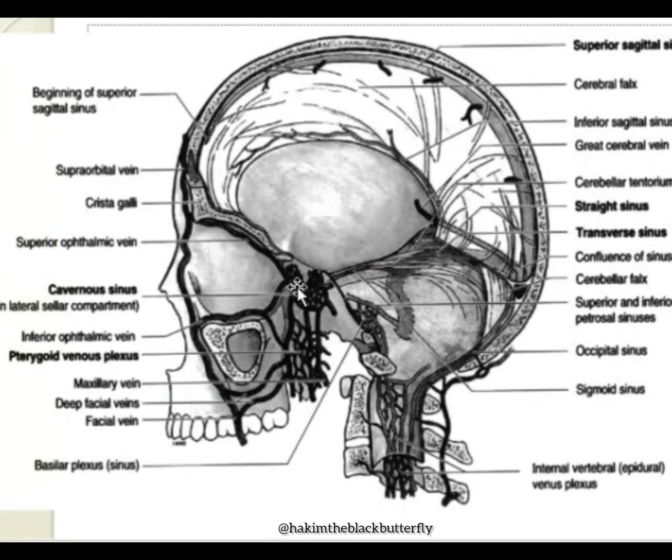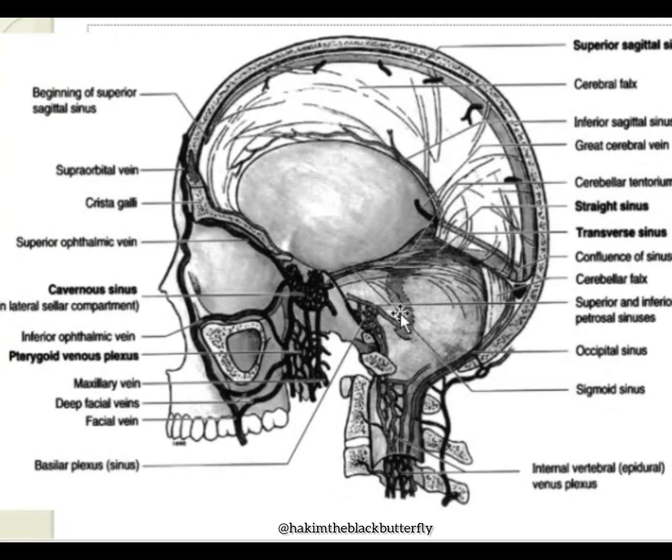They communicate with the cavernous sinus anteriorly. And what does it communicate with inferiorly again? The pterygoid venous plexus. And what does it communicate with posteriorly?